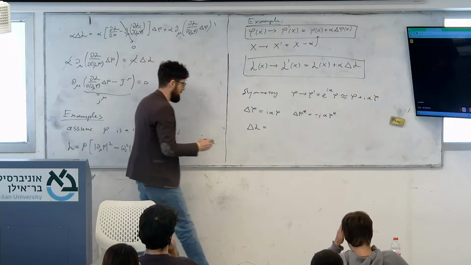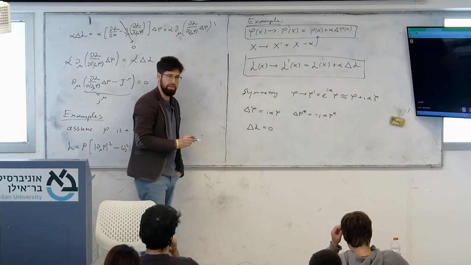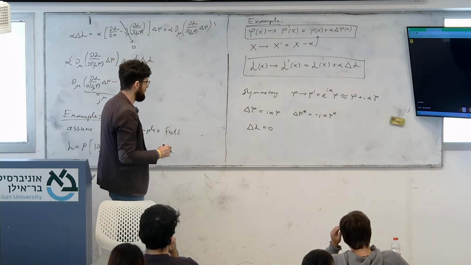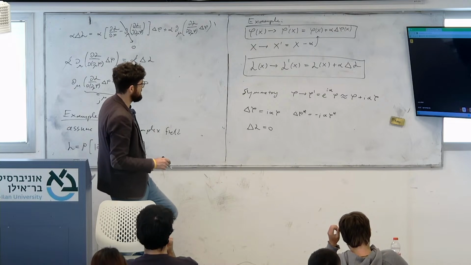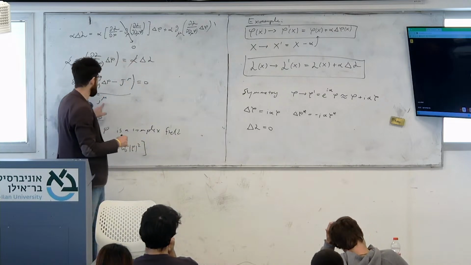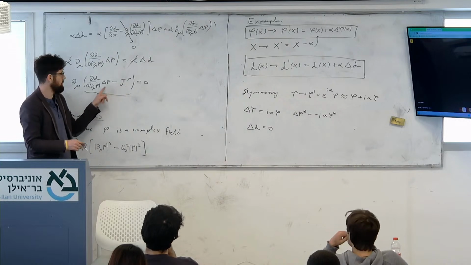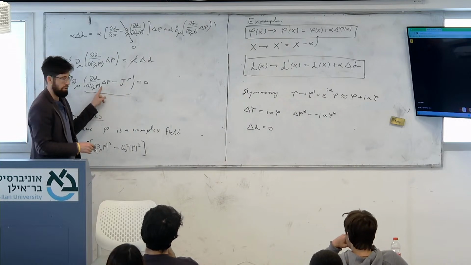Yes, 0. So this is a very simple case where delta L is 0. In the next example, we'll see an example where it's not. But this makes things much easier because then J mu doesn't have a contribution from this capital J. It's only this guy. Okay?